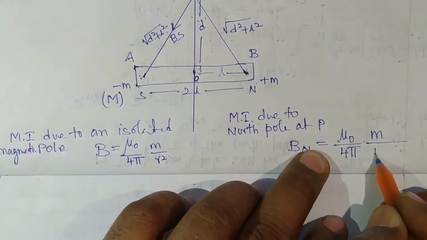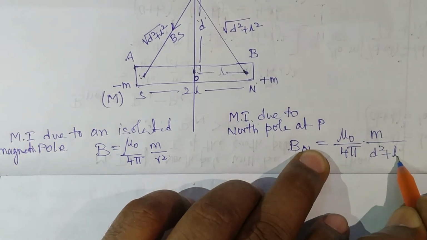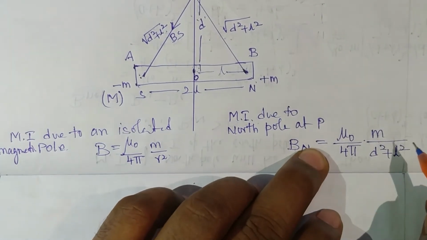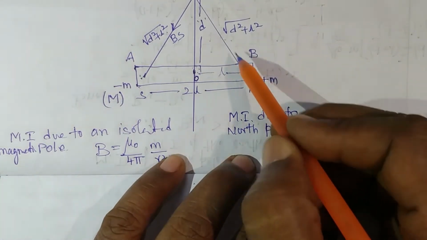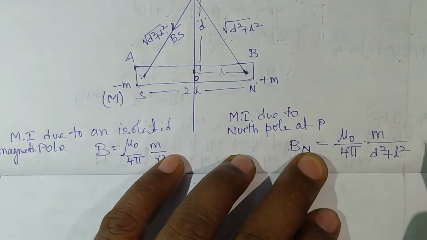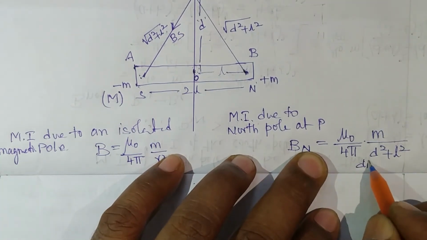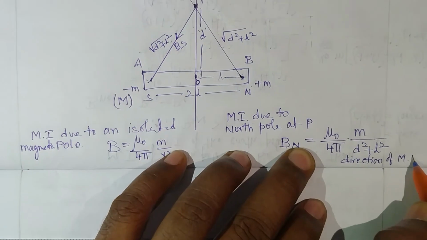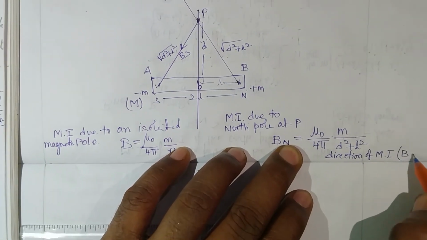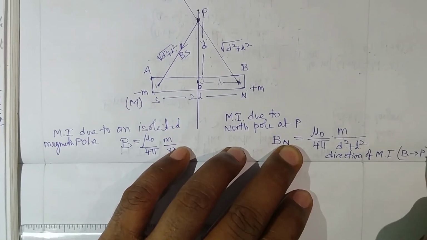So the root gets cancelled, and I will directly write it as D square plus L square. And the direction of magnetic induction is from B to P.